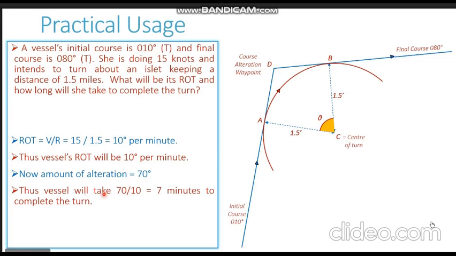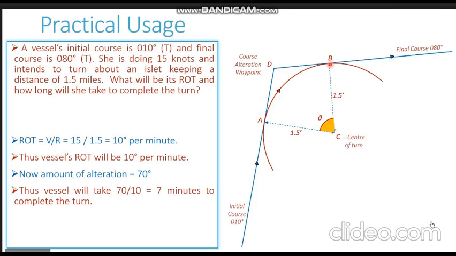So the total time which the vessel is going to take is 70 degrees divided by the rate which is 10 degrees per minute, and it comes to 7 minutes. So from point Alpha, when it starts to move on the curved path, up to point Bravo, when it reaches its final course, the vessel is going to take a total of 7 minutes to complete the turn.